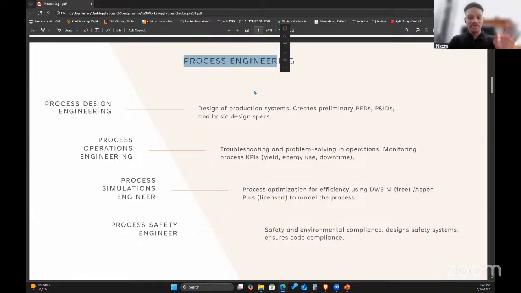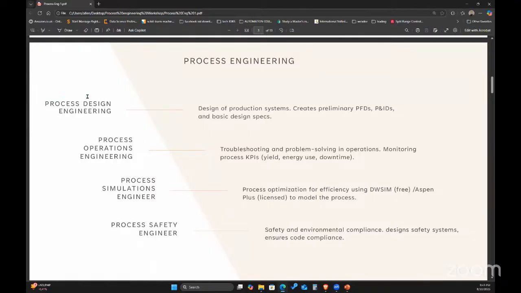You've handled different projects, you've gone through different facilities, and you have the experience. Sometimes you might not have all the experience from all of these areas. You might be lacking in one area, but you have experience in the other two or three. But you are able to pull teams together, other teams who are skilled in these areas, and then you have a process engineering team.